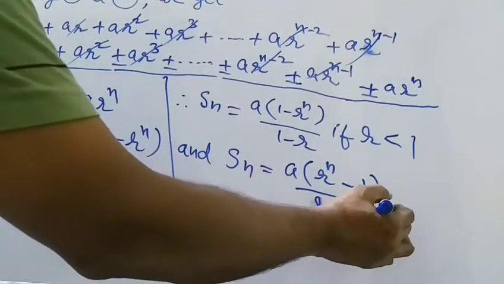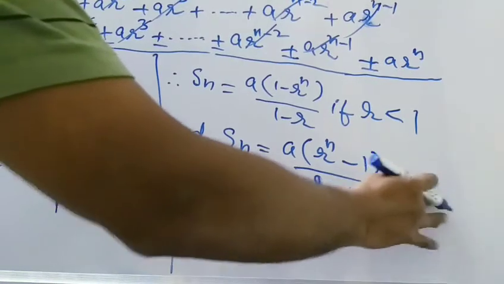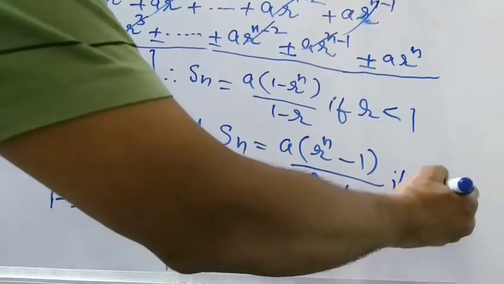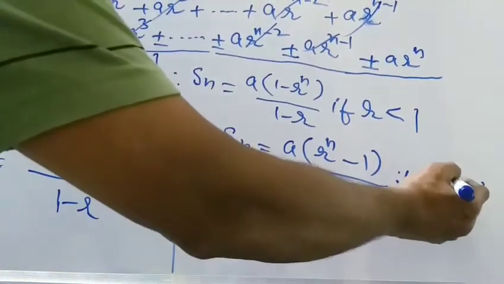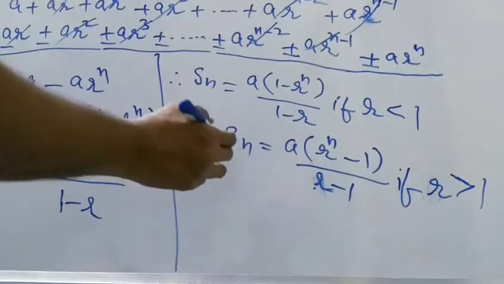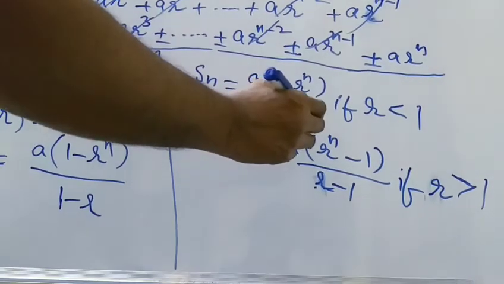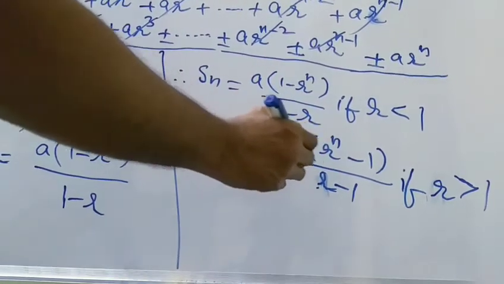When is it possible? If common ratio r is greater than 1. When common ratio is greater than 1, sum to n terms is equal to a of r to the power of n minus 1 by r minus 1.